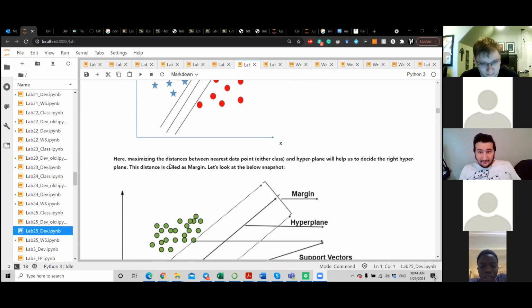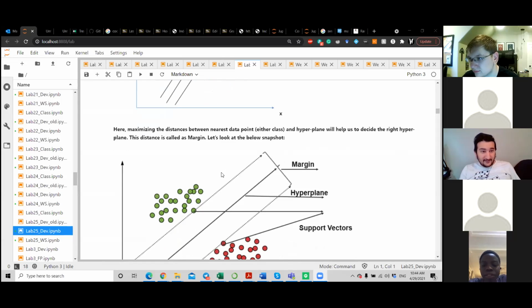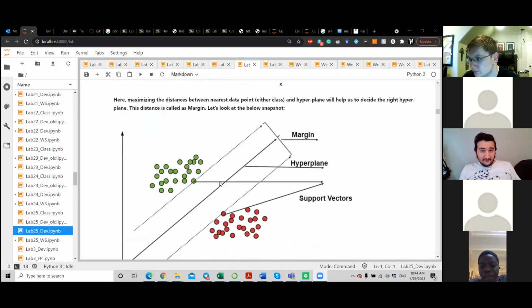So maximizing the distance between the nearest data point in either class and the hyperplane will help us to decide the right hyperplane in cases like this. This distance is called margin. Let's look at this snapshot. If I pick this line as my dividing hyperplane, the distance between this line and the closest point of class green is my margin on this side.